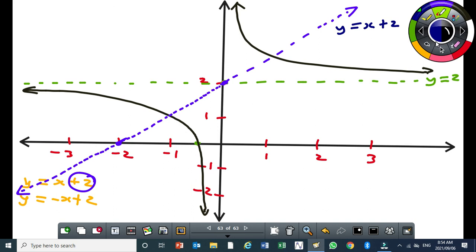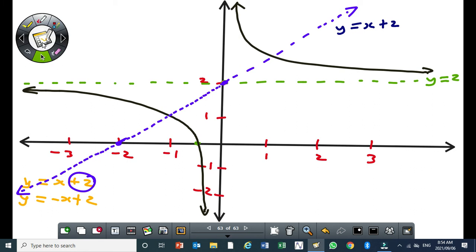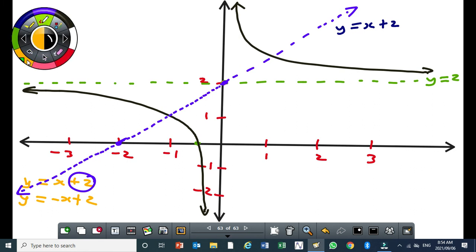Okay. Then the one with the negative gradient, I'm sure you can see that the y-intercept is also a 2. Okay? It's also a 2. And this value here, that's our y-intercept, which is also this point, right? Our x-intercept, if you substitute y equal to 0, you get x equal to 2, which will be this point.